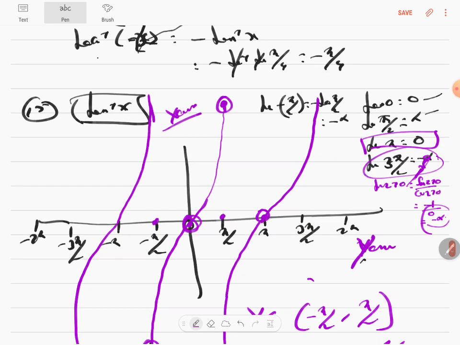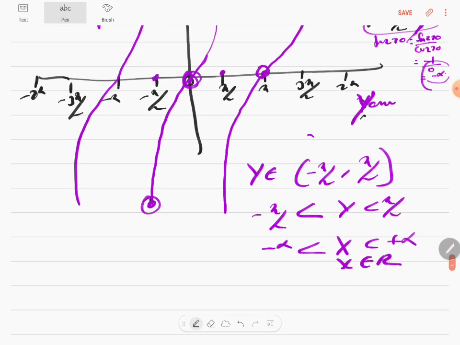So, if they ask you the principal value branch of tan inverse of x, or the domain and range of tan inverse of x, this is how you must draw and find out the domain and range.